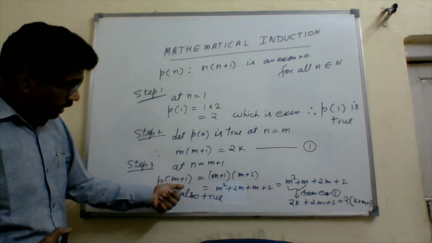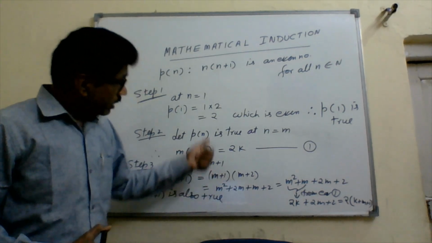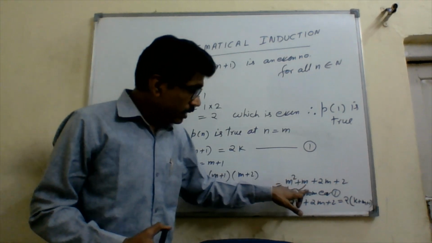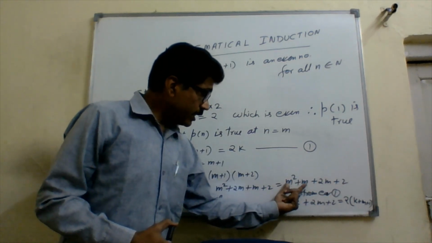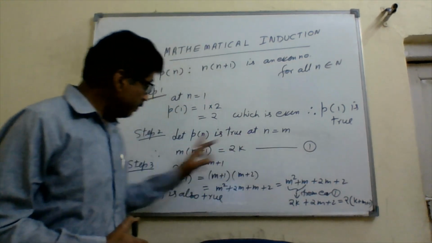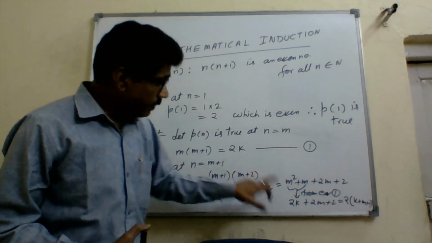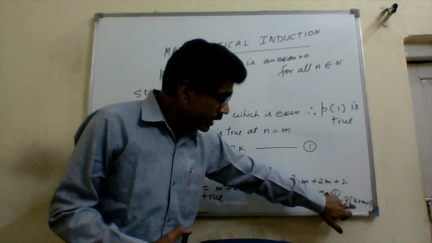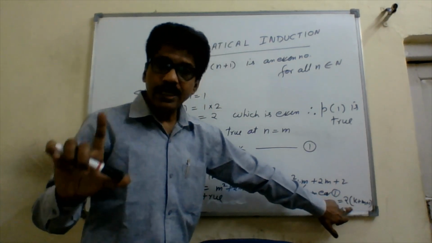So P(m+1) we take, and n is replaced by m plus 1, this is m plus 2. When you multiply, you get this value, and this value m square plus m from equation number 1 is replaced by 2k. As a result, we get a multiple of 2, and multiple of 2 means even.